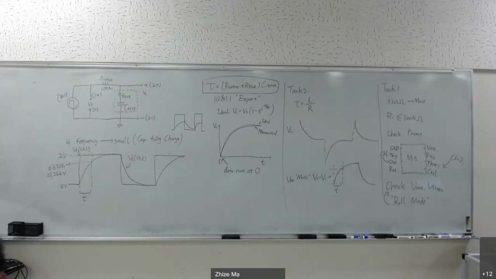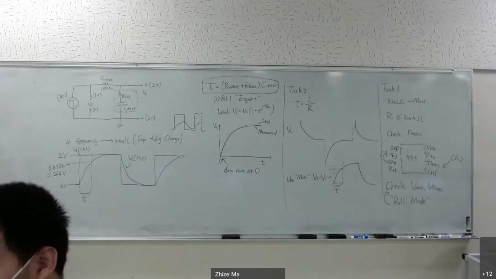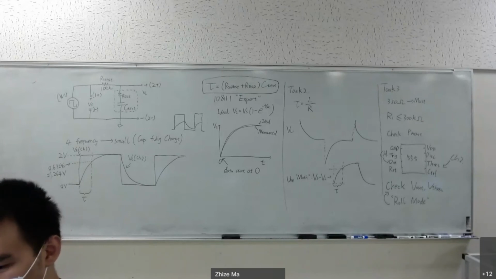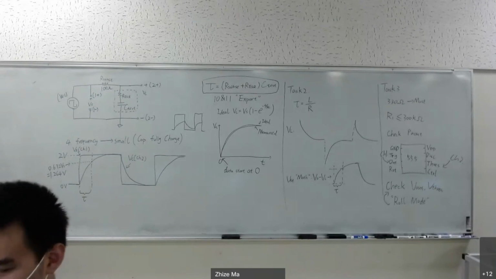The 8.2 ohm resistor is the internal resistance of the capacitor. Ideally, the capacitor is just capacitance, but in the real world, the capacitor has some resistance. So that's the 8.2 ohm resistance.